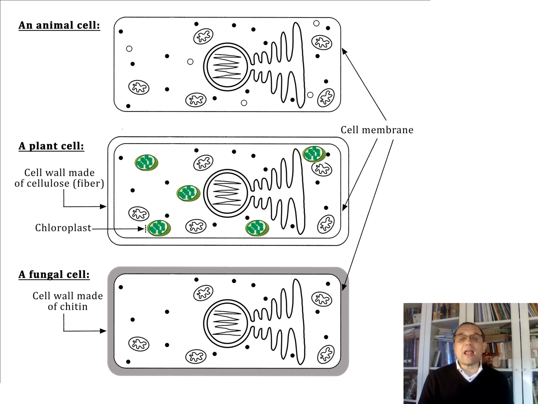Though these cell walls are made of different material. In plant cells, it's made of cellulose, and in fungal cells, it's made of chitin. Oh, I mispronounced the word. My apologies. Instead of saying chitin, I should have said chitin. So the fungal cells are surrounded by a cell wall made of chitin.